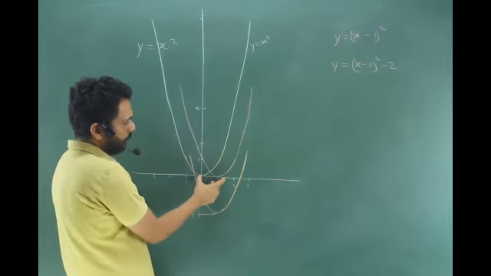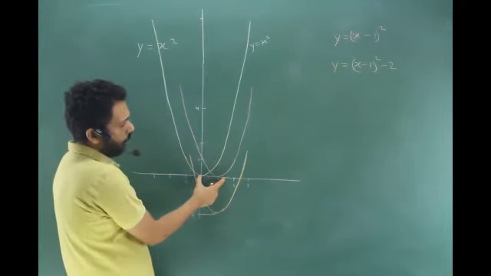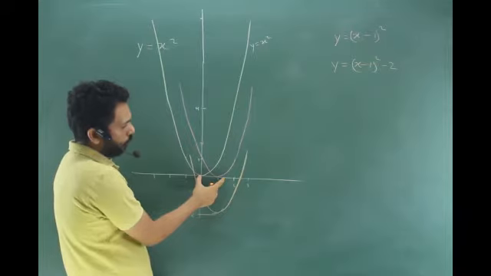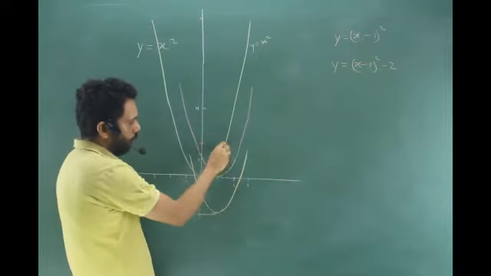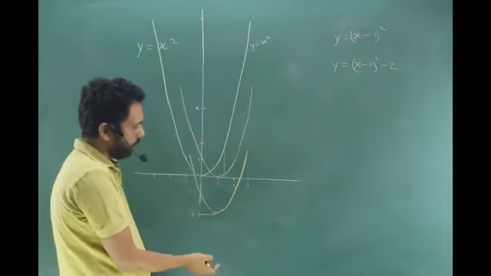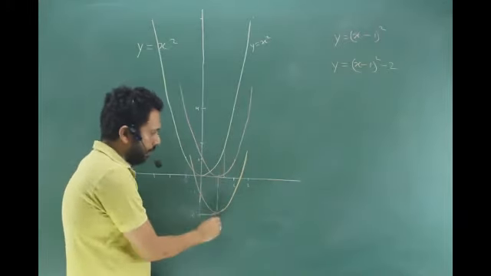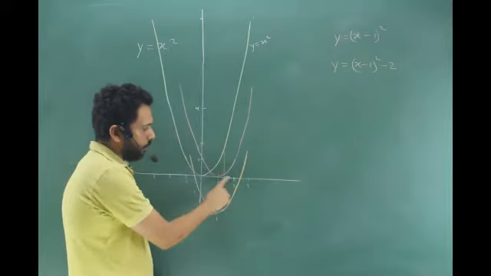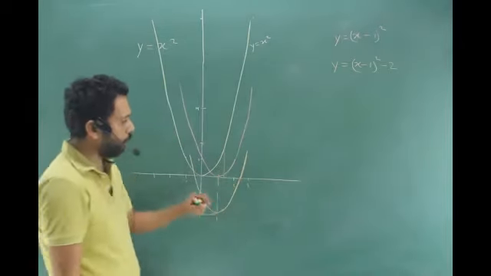It would have been root 2, right? Root 2 is 1.4, right? So, 1 being the central line, it has to be root 2 forward, 1.4 forward. So it will be 2 point something.